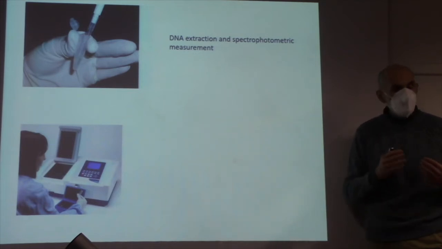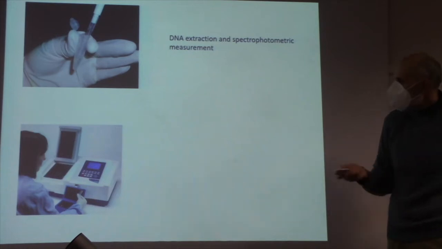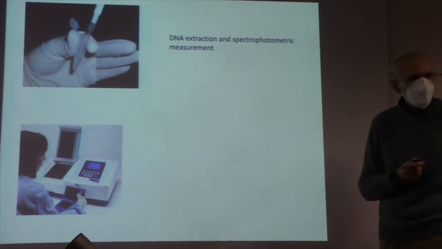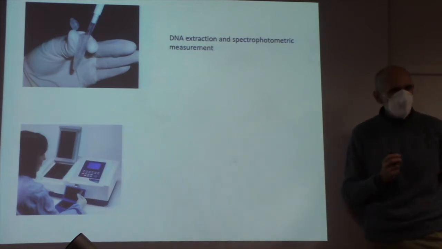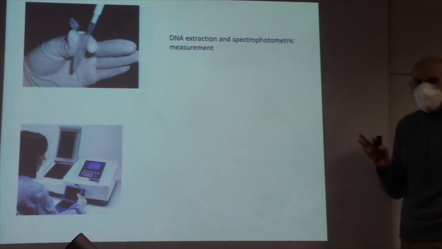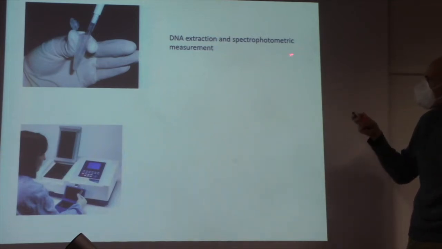They also eliminate proteins, so that you are left with a watery solution of DNA, which you can then read in a spectrophotometer and determine the amount of DNA you have extracted. Now that looks good, DNA extraction and spectrophotometric measurement.